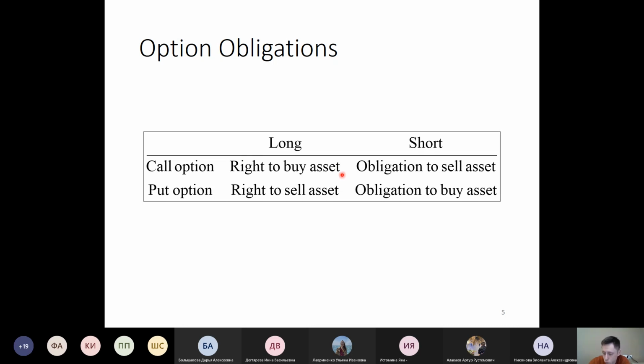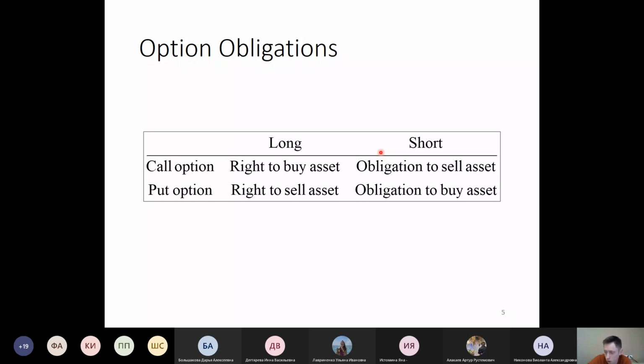But you should have someone from whom you buy this asset. And this can be, for example, a bank that would sell you this option. So here, this side has a right, this side has an obligation, and that is why those who purchase the option would pay some money to another side. So they would pay the commission for the option.